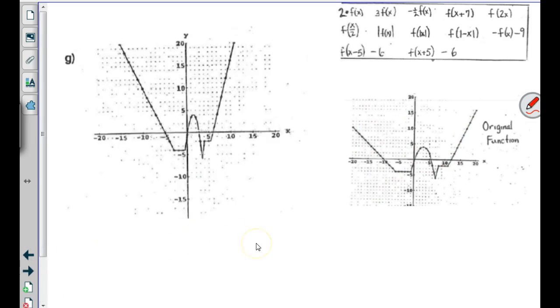All right, what about this one? It's condensed or shrunk this way, right? There used to be, this was out at like 12, now it's at 6. This was at like -10, now it's at like -5. Is it f of 2x or f of 1/2 x?